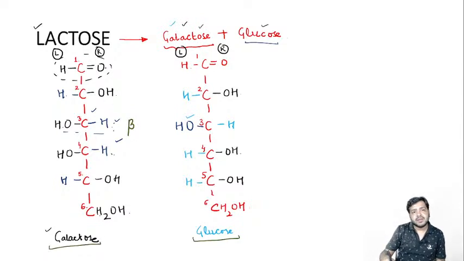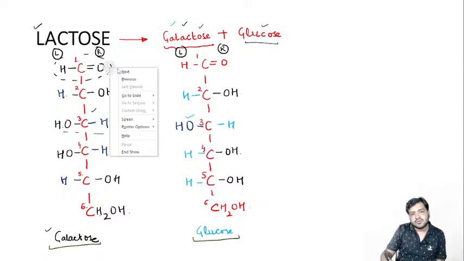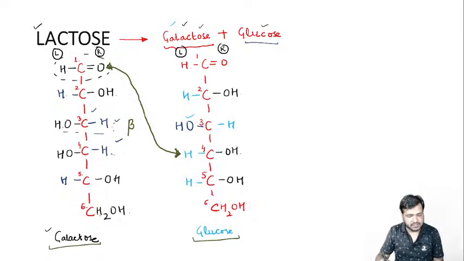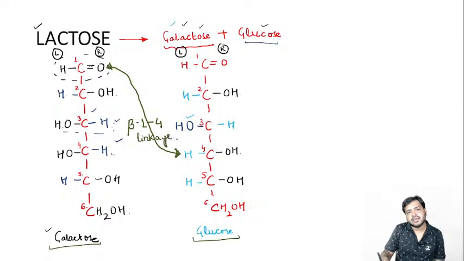And remember it is from the first carbon to the fourth carbon. You can very well see over here, it is from the first carbon to the fourth carbon, okay, beta, and it is a 1 to 4 linkage, beta 1 to 4 linkage.